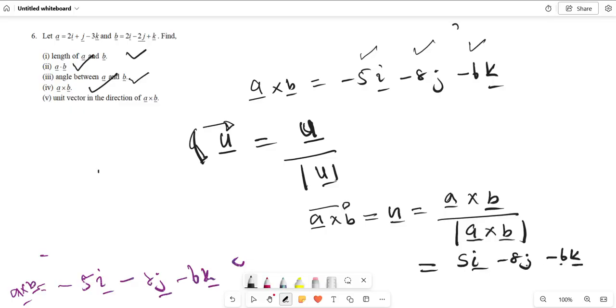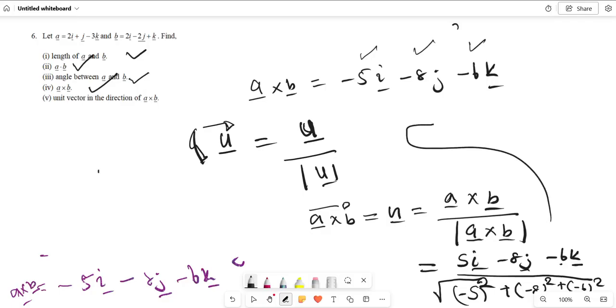Okay, this is the vector value, and divide by the magnitude. Magnitude means get the coefficients, square them and add them and get the square root. Minus 5 squared means that is a positive square, and minus 8 squared plus minus 6 squared, and get the square root of them.